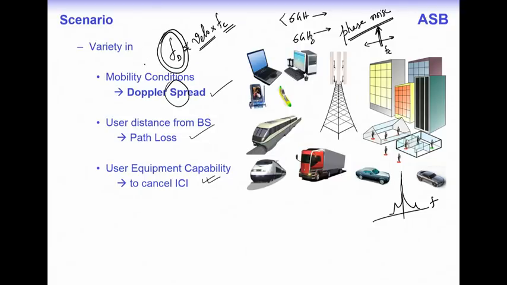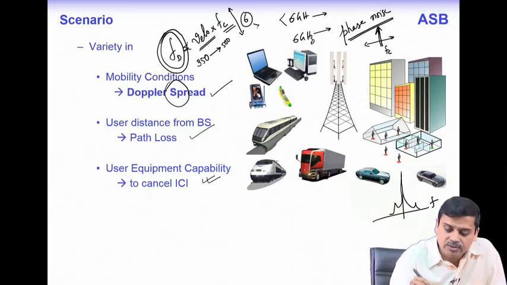So, if we go from 4G to 5G, first and foremost the maximum speed supported increases from 350 kilometers per hour to 500 kilometers per hour, and the frequency of operation not only goes up to 6 gigahertz, but also goes beyond 6 gigahertz.